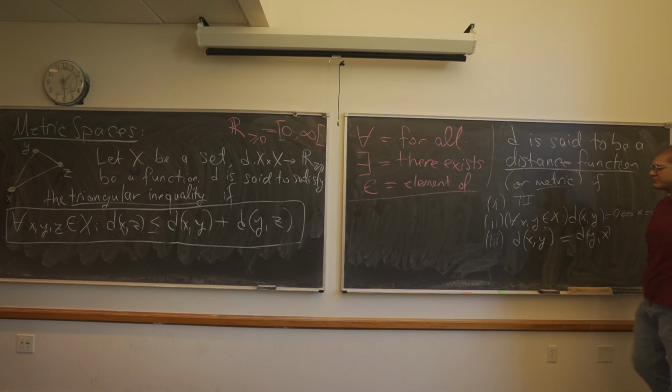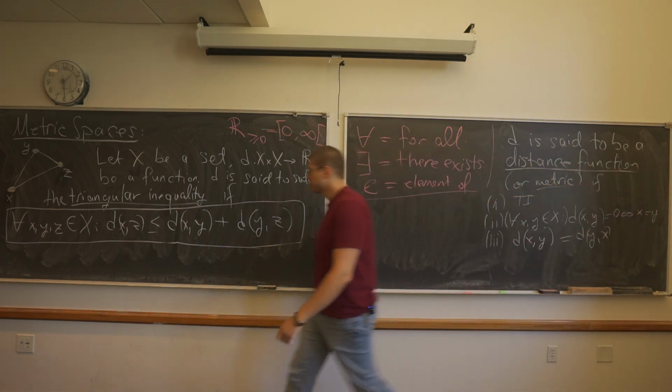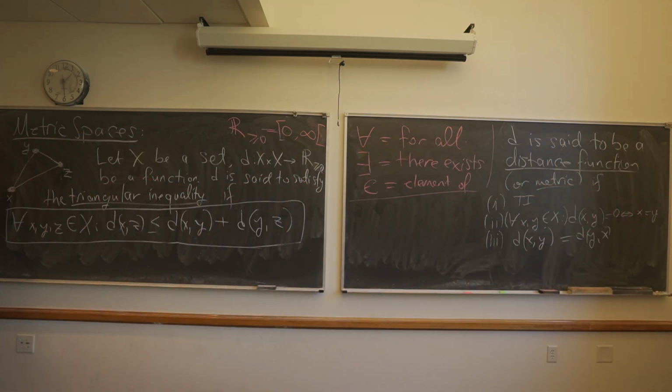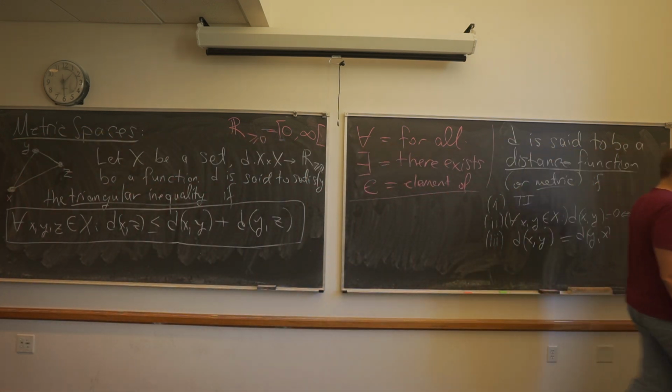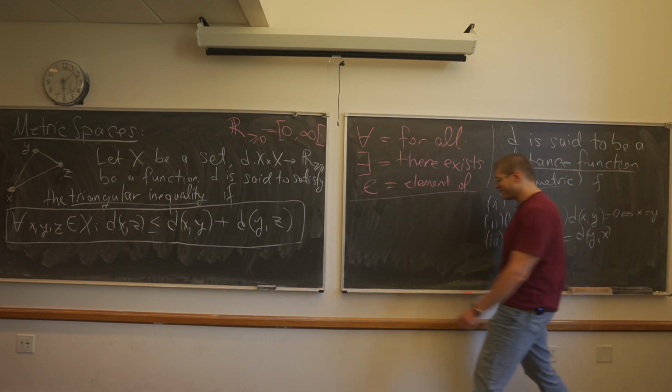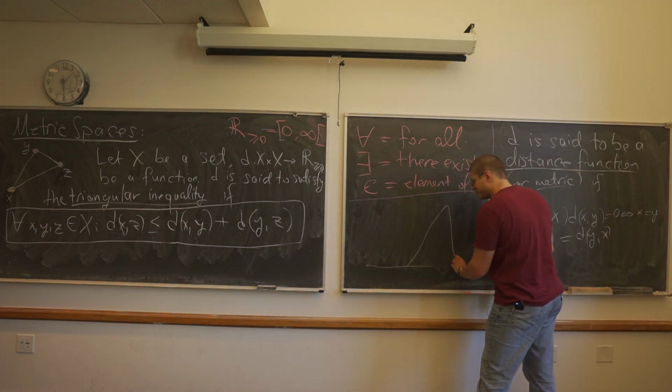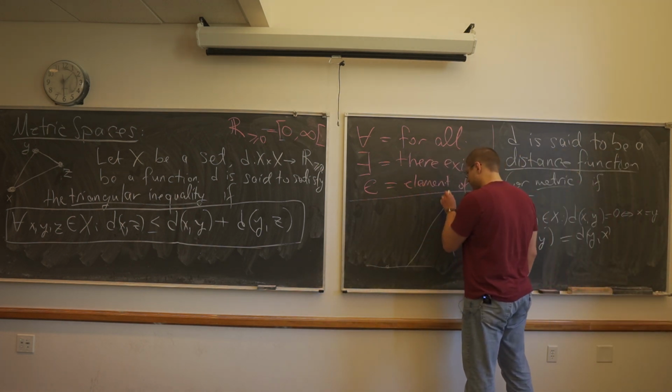So this is a symmetry property. So it shouldn't matter, when it comes to the length of this line segment, whether you're looking at it this way or this way. Now it turns out that in some situations you don't really want this. The typical example people give is that you have a mountain, and you're here and you're there.